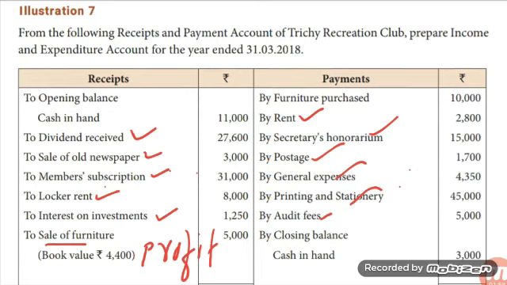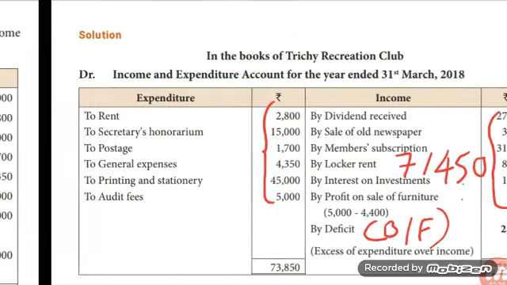The value of asset at the time of sale after deducting depreciation. Book value means the value of asset less depreciation. Then how can you calculate profit or loss on sale? By comparing the book value and the selling price, we will get the profit or loss on sale of asset.